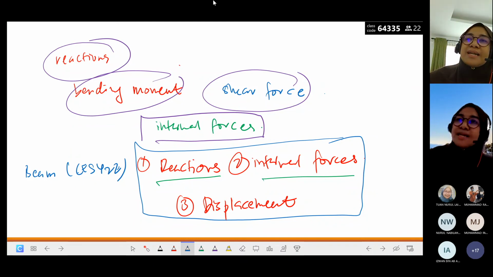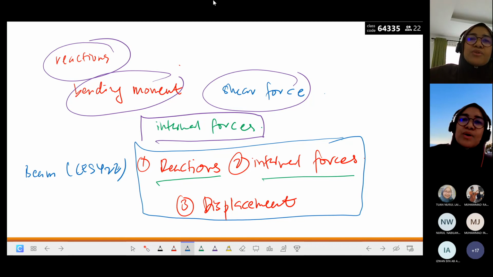You learn how to calculate displacement using method of virtual work. To calculate deflection using method of virtual work, you need to know the internal forces. In order to calculate displacement in beams, you need to integrate the moment equation.